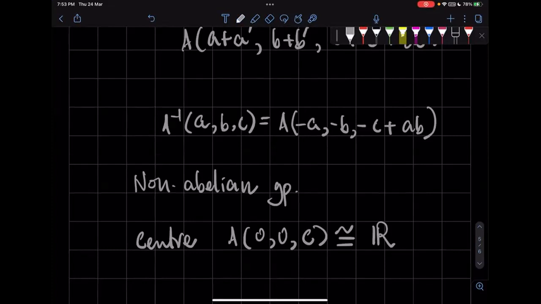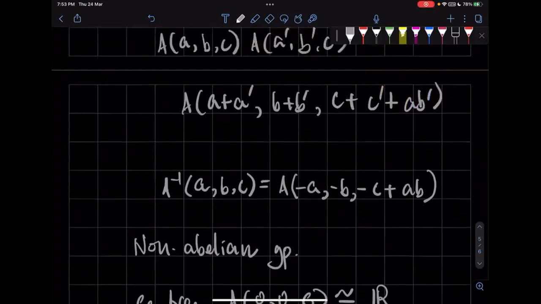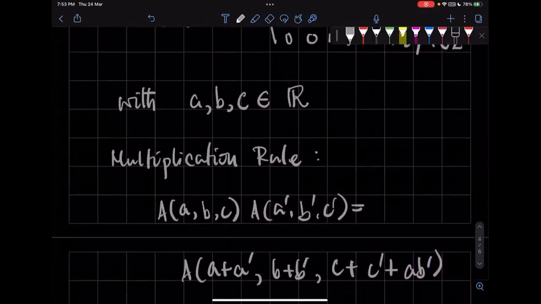People talk about the Heisenberg algebra a lot in quantum mechanics, but not the group. Sir, the non-abelian character isn't quite clear to me because we multiply two elements and addition is commutative. So can we not think of that as the multiplication also being commutative?